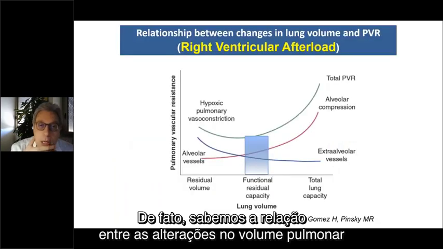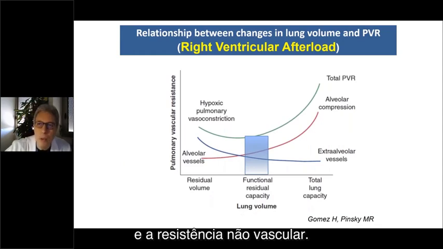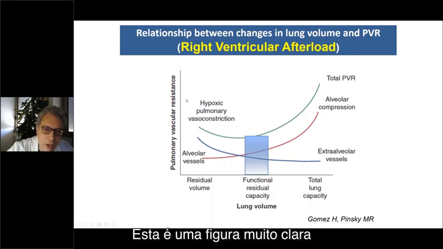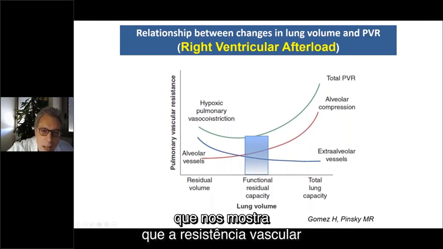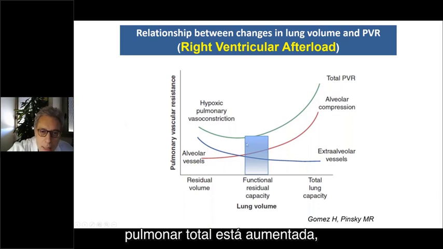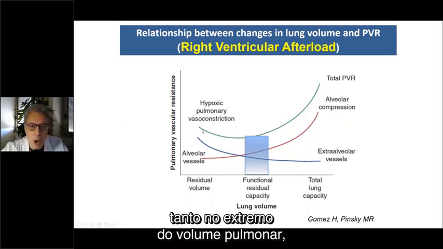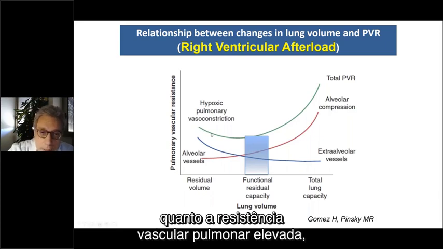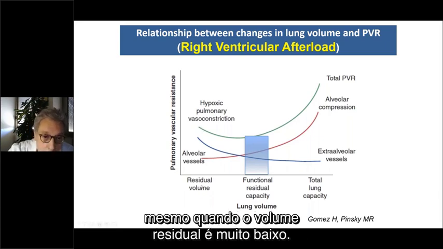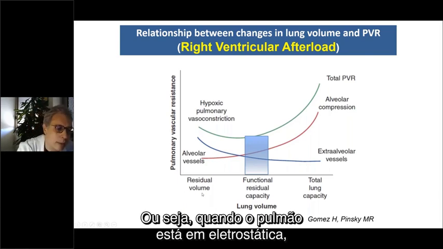And in effect, we know the relationship between changes in lung volume and pulmonary vascular resistance. This is a very clear figure that shows us the total pulmonary vascular resistance is increased at both extremes of lung volume. The pulmonary vascular resistance is high also when the residual volume is very low, that is when the lung is atelectatic.